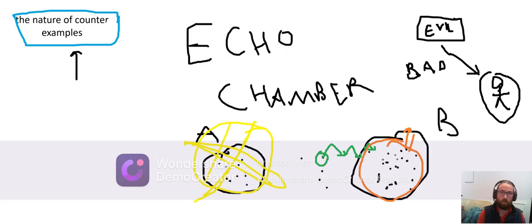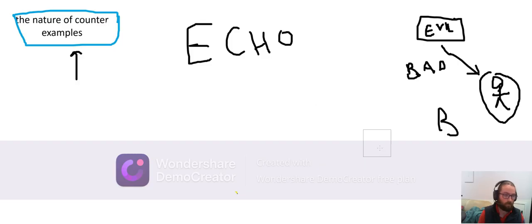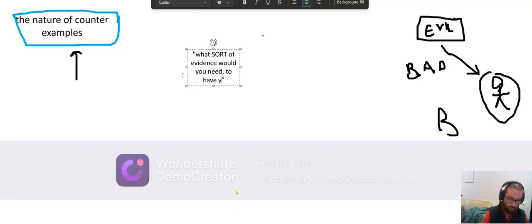One really good question to ask if you're debating someone, especially if they think conspiratorially, and this question can break people's brains. This is not something people are familiar with being asked. That question is, what sort of evidence would you need to have your mind changed?